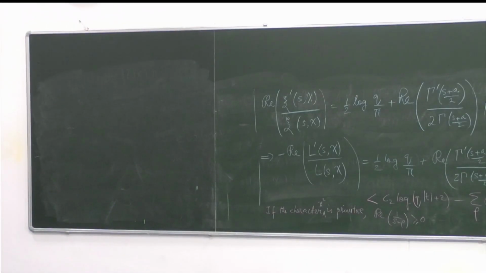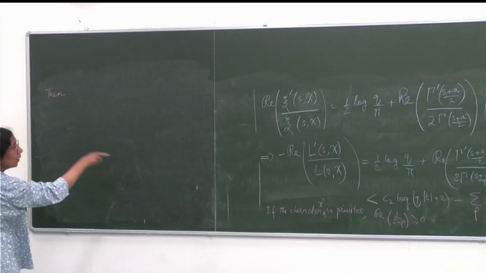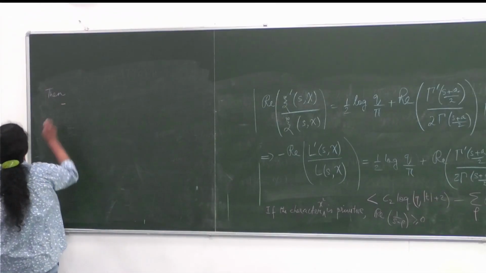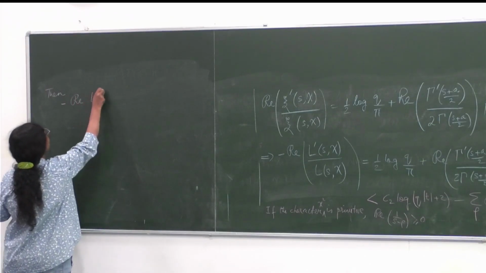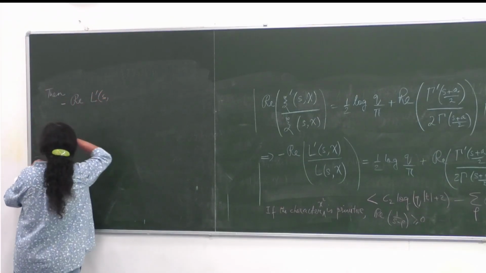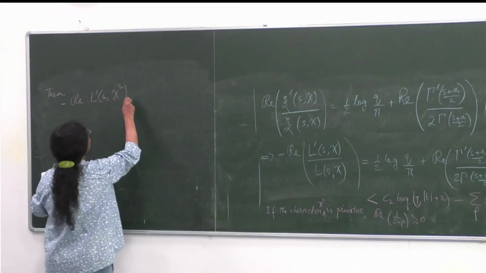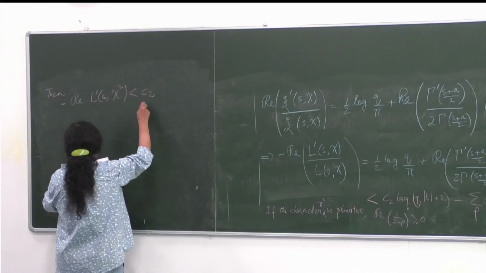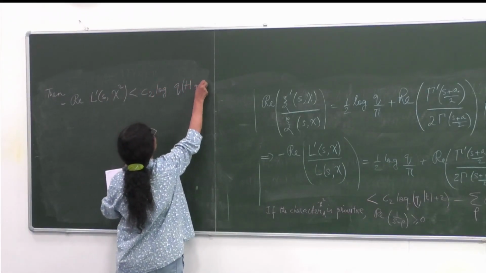Let's do the first. Chi square is primitive. So I get the term on the left, minus real part of L prime S chi square, which is less than some constant C2 log Q absolute value of T plus 2.